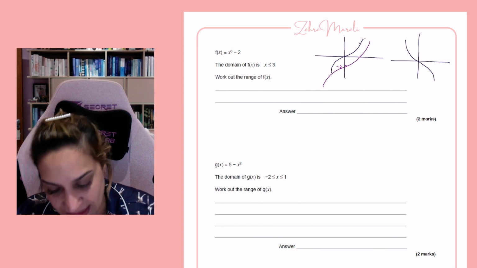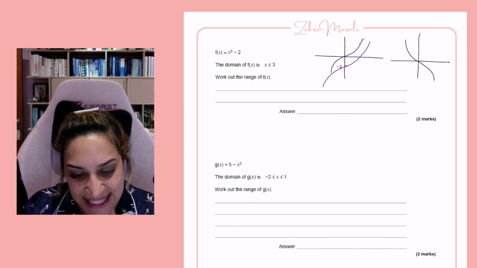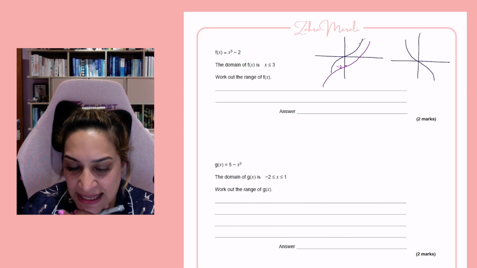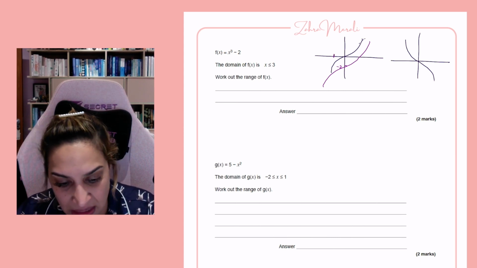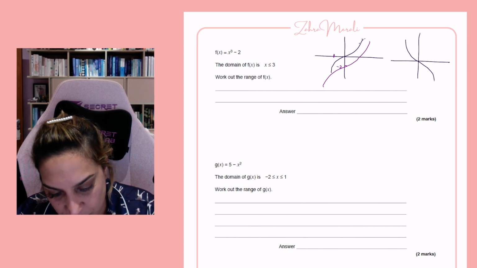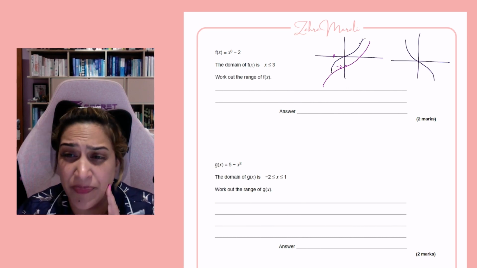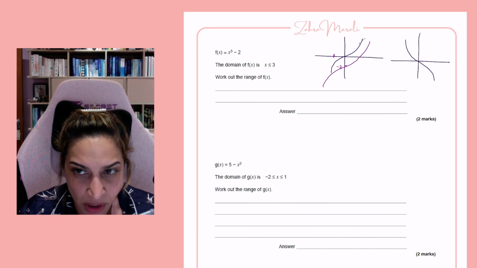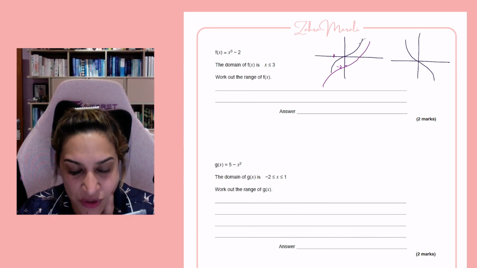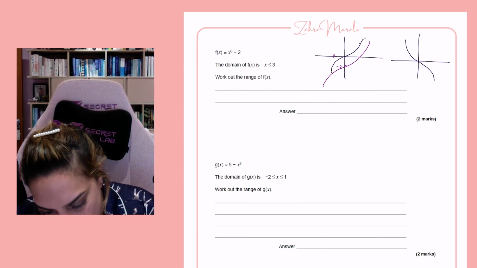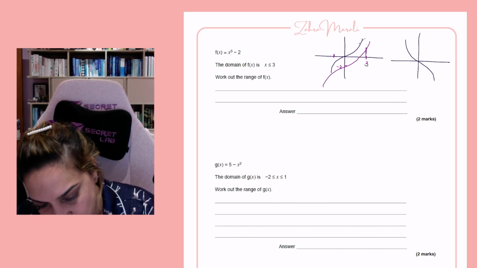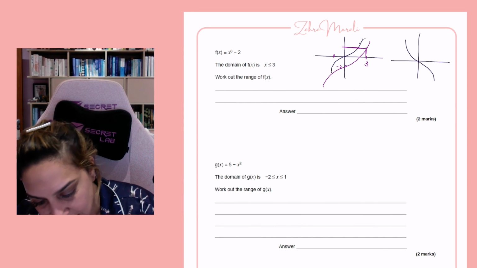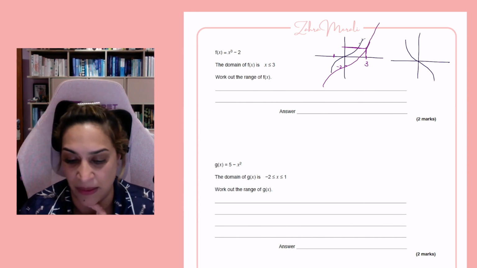And it's telling you x is less than or equal to 3. So 3 is on the positive side. If y is 0, the cube root of 2 is going to be smaller than 3. So 3 is somewhere here, and we could read off a coordinate here. And we know this graph is going to keep going up, up and up and up.